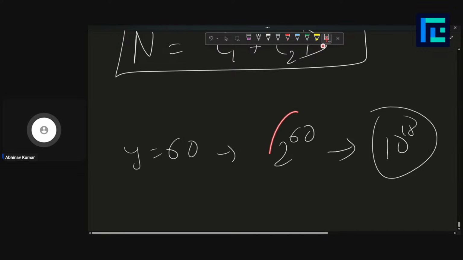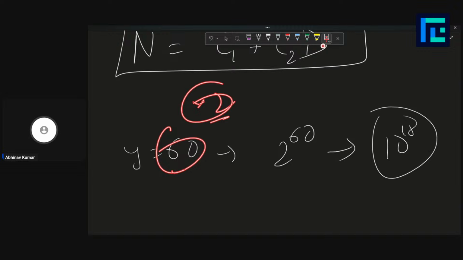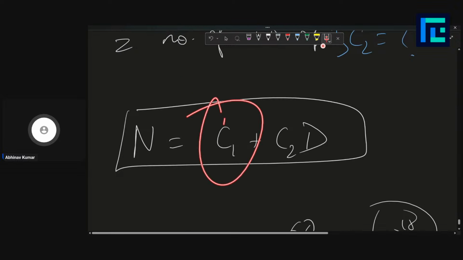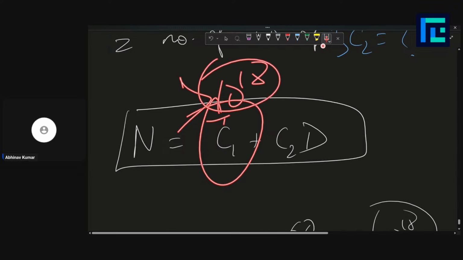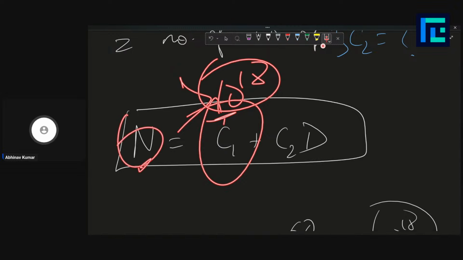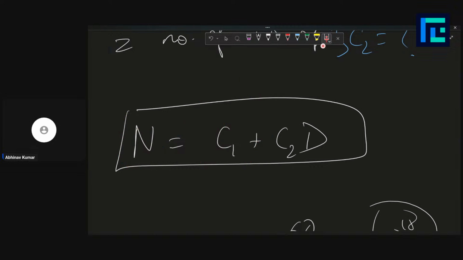So at max you would perform 60 multiply by 2 operations, never more. If you perform more than 60, C1 would exceed 10 to the power 18, which means you have already exceeded n.